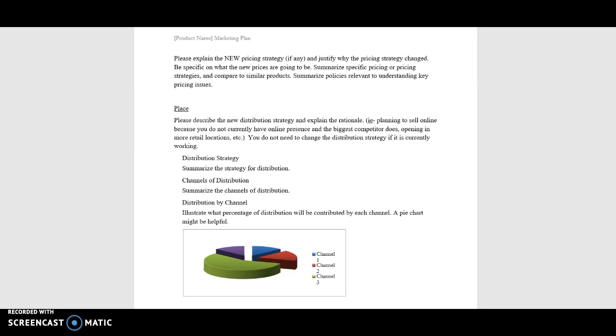But this is a place where you should clearly identify your price. So select one price. I know that during the simulation you may have done different prices in different periods, but now is the time to determine what is the best price for your product domestically and internationally, okay?